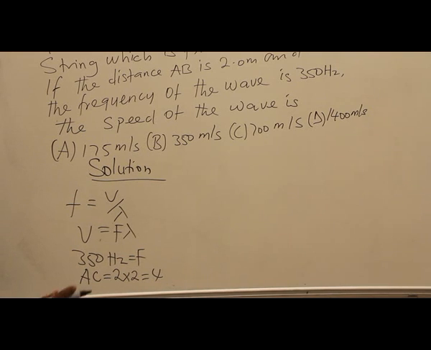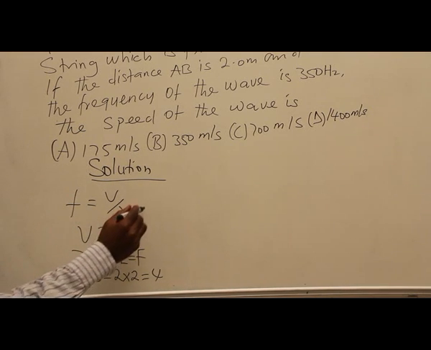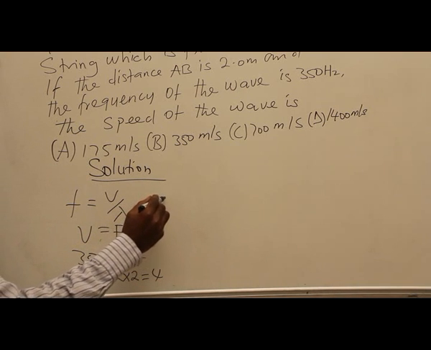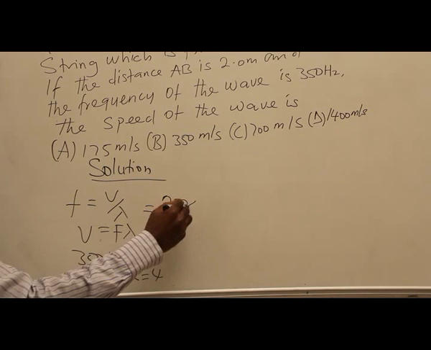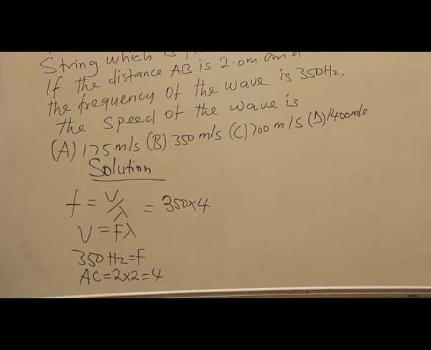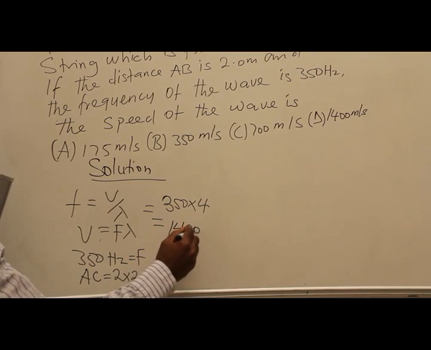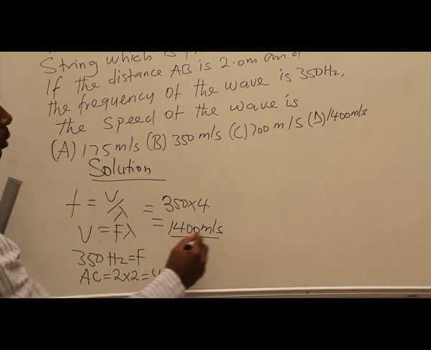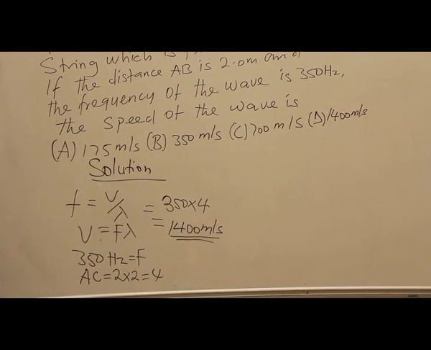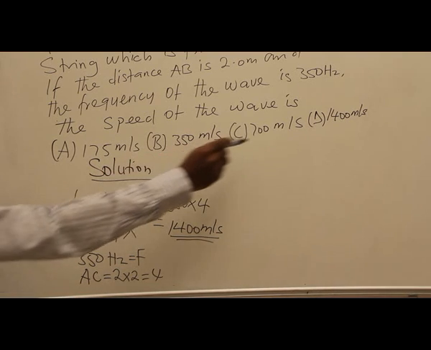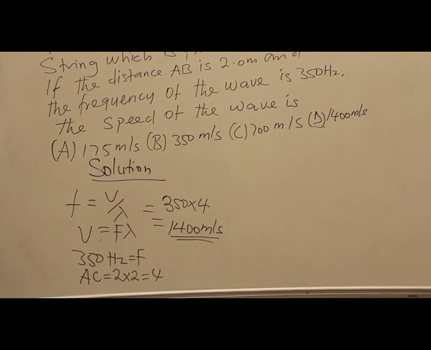Now, substituting this value into this equation, we have 350 times 4, which will give us 1,400 meters per second. Meters per second is the unit for velocity. So the correct option is option D, which is 1,400 meters per second.